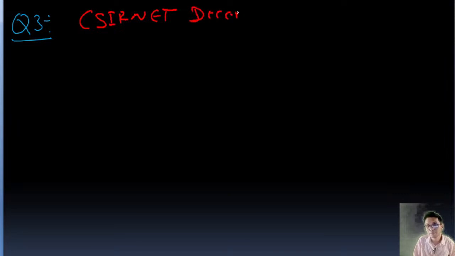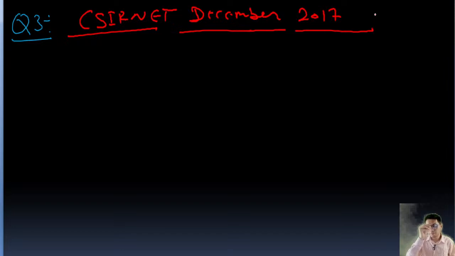Question third is also asked in CSIR NET December 2017 question, guys. Okay, this one.